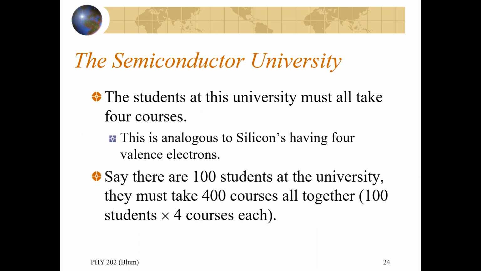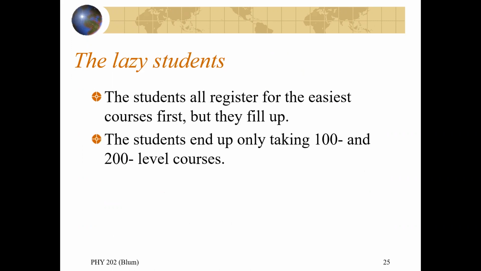The 100 level course is filled, the 200 level course is filled, and we are full at the gap. The lazy students registered for the easiest courses. The first students who got to register signed up for the easiest 100 level courses, and so on. All the 100 courses filled, all the 200 level courses filled, and the students were done registering.